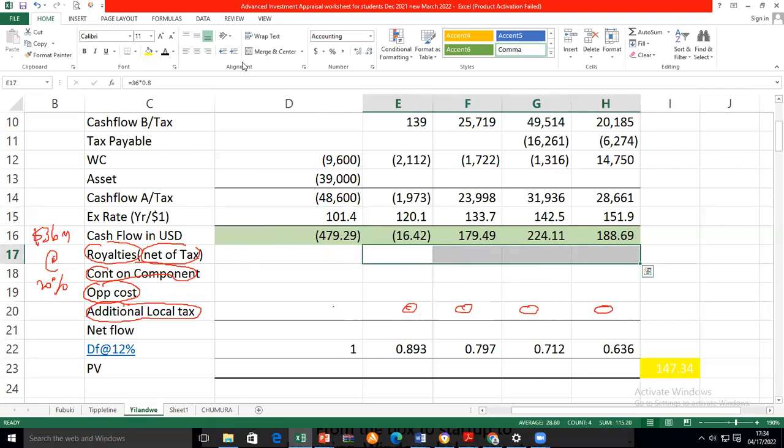So these items are net of tax. So these are cash flows earned in the USA. 36 remove 20% tax. That's what we have here. From 36, you knock off 20%.